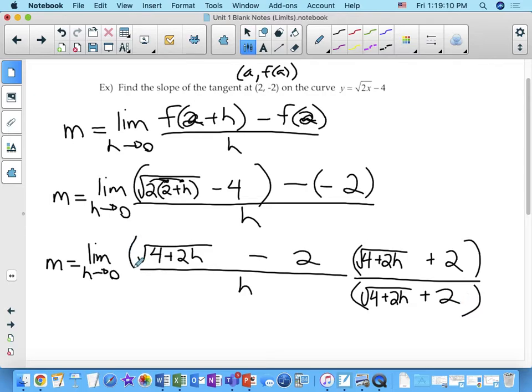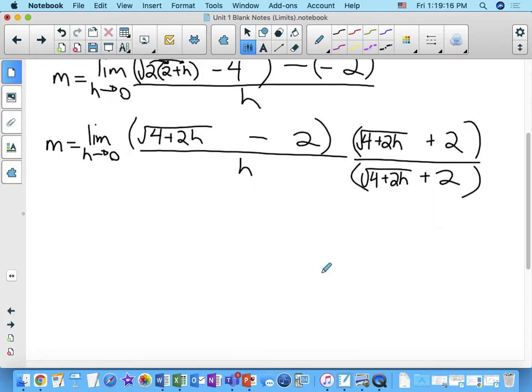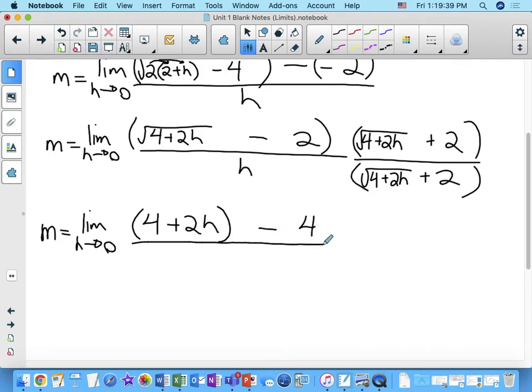I should put this in brackets, actually. Okay, so in the numerator, I'm going to have 4 plus 2h minus 2 times 2, which is 4, over h times that conjugate, square root of 4 plus 2h plus 2.